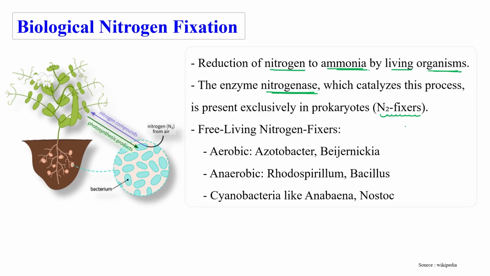There are various kinds of free-living nitrogen-fixing bacteria. Some are aerobic, like Azotobacter and Beijerinckia. Anaerobic ones are Rhodospirillum and Bacillus. Some cyanobacteria like Anabaena and Nostoc are also involved in nitrogen fixation. These all come under free-living nitrogen-fixing bacteria.